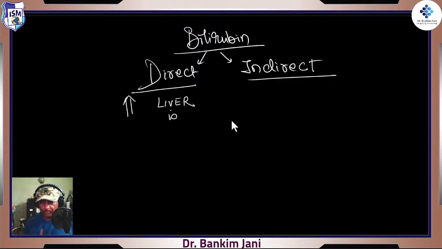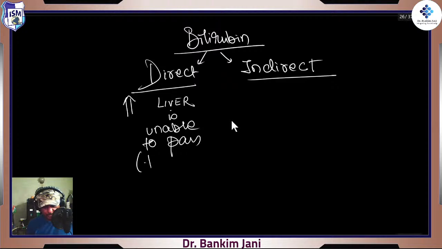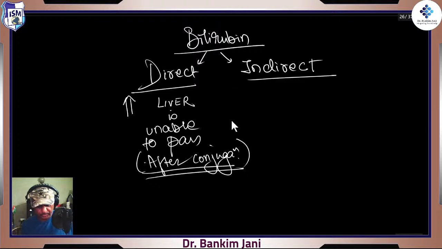So the liver is doing its work, but that bilirubin is not going further. The liver has done its work, but it is telling us there is an obstruction, so it is unable to send this conjugated bilirubin further. So in that case, it is the direct bilirubin which will be increasing.